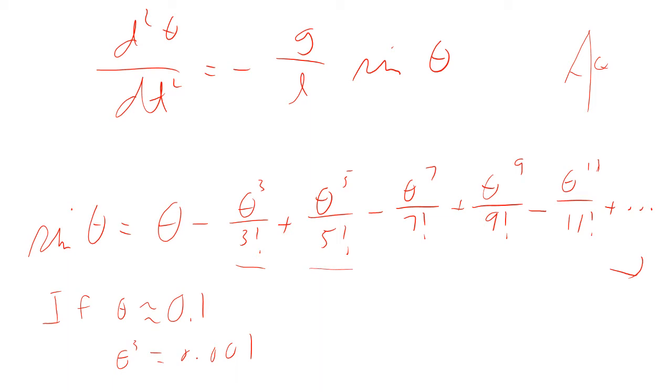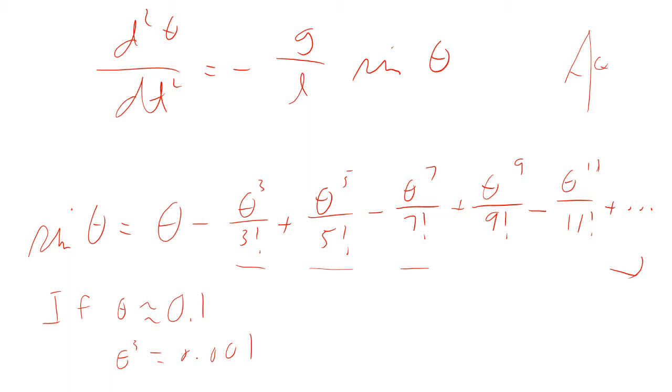Theta to the 5th would be 10 to the minus 5 divided by 5 factorial, that's 120. So that's going to be smaller than 10 to the minus 7. We never go out to the 7th decimal spot. Theta to the 7th is going to be 10 to the minus 7. Then you divide by 7 factorial, it's even smaller.